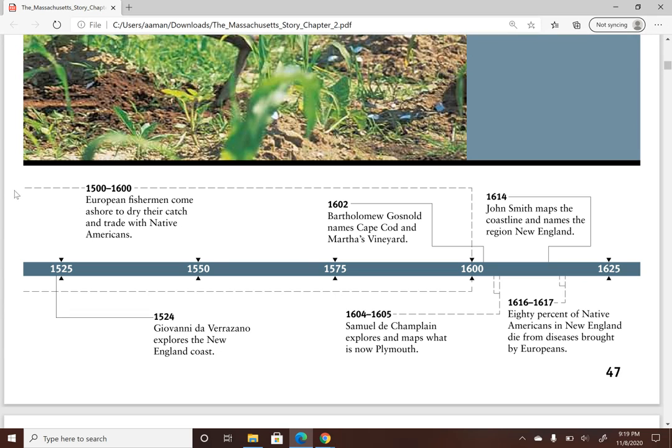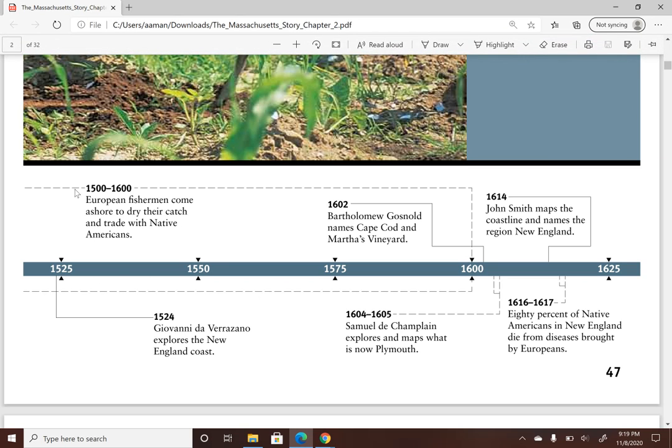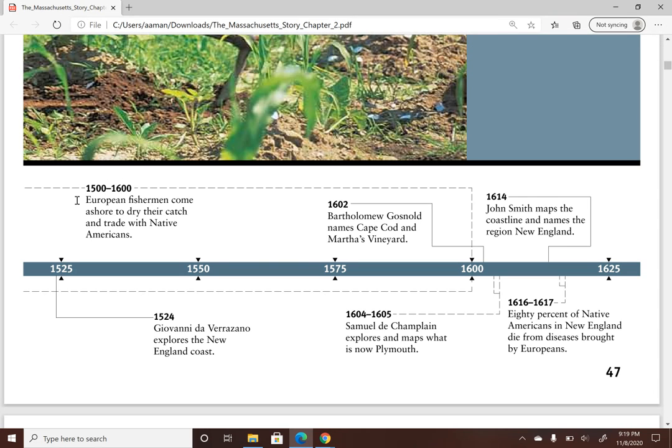So this line that was started at the other page, our timeline on the other page, says from 1500 to 1600. So through 100 years, European fishermen came ashore to dry their catch and trade with Native Americans. During that time, in 1524, Giovanni da Verrazzano explores New England coast.